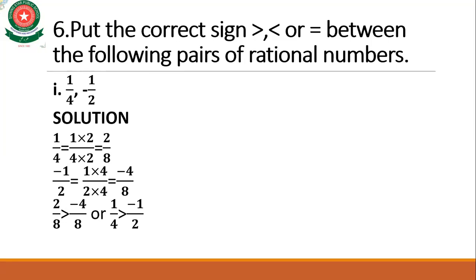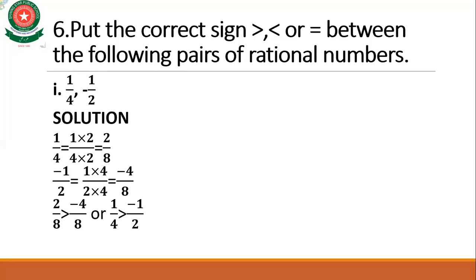So the solution is, first of all, we have to take the LCM of 2 and 4. Now we get 1 by 4, which is equal to 1 multiplied by 2 over 4 multiplied by 2, because our LCM is 8, so we will multiply 4 by 2 to get 8.